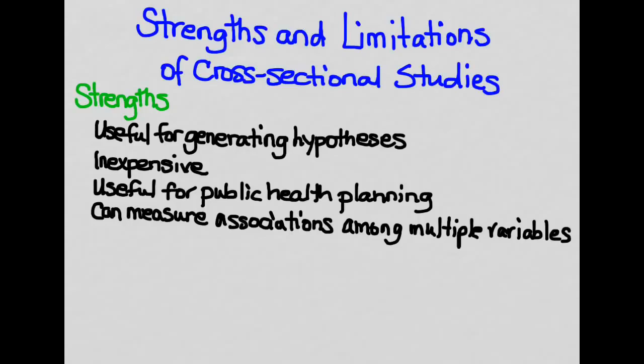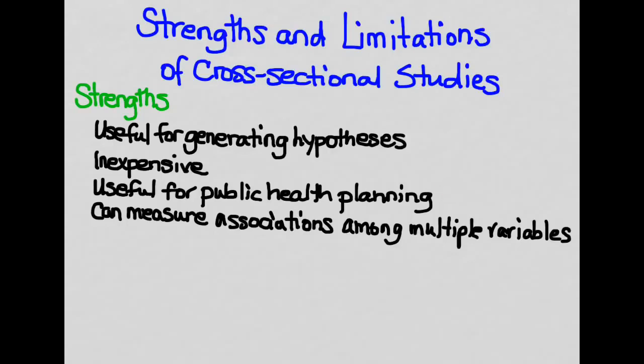And similarly, we saw the screen time and metabolic syndrome relationship, which again generates a hypothesis for a more rigorous study to explore the causal relationships among those variables. Correlational studies, again, are inexpensive. Like ecologic studies, the data are often already collected, and so it's easy to just look for associations among variables.